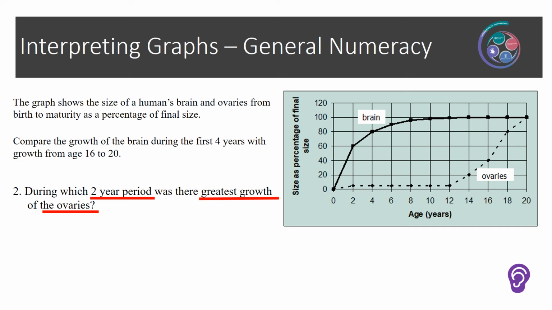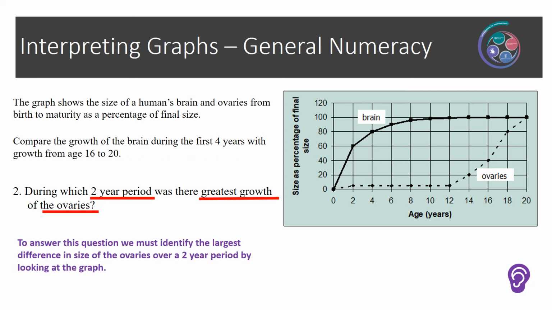Now I know I'm looking for a 2-year period with the greatest growth of ovaries. To answer this question, we must identify the largest difference in size of the ovaries over a 2-year period by looking at the graph. This is a selecting question, which means the answers are in the graph, but we must select the correct answer.